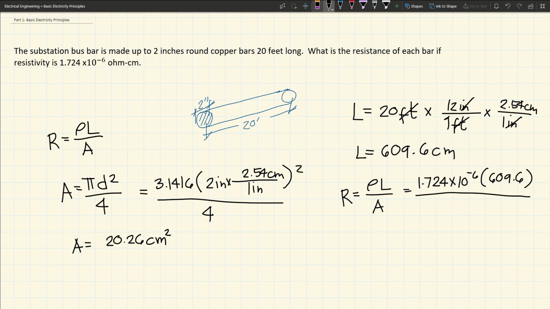So our area is 20.26. The resistance is equal to 5.185 times 10 to the negative 5 ohm.